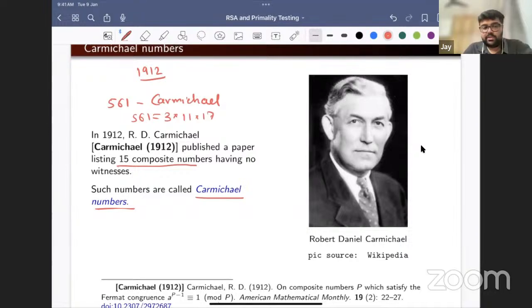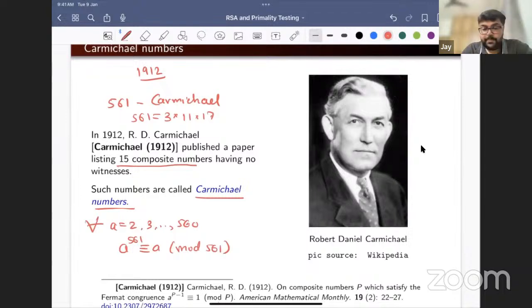This is a composite number divisible by 3. You can just check the sum of the digits. It is 12, so it is divisible by 3. But if you take a equals 2 up to 560 and check a to the power 561, a^561 is congruent to a modulo 561 for all a. So it does not have any witness.